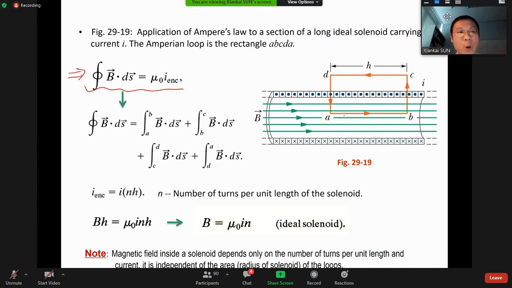Okay, so then this closed integral is composed of four parts. The first part from A to B, second B to C, third C to D, and fourth part D to A. As I mentioned, for an ideal solenoid, B outside the solenoid is equal to 0.